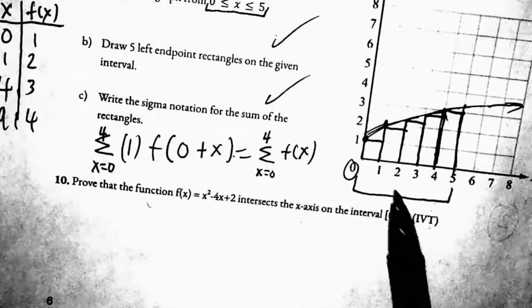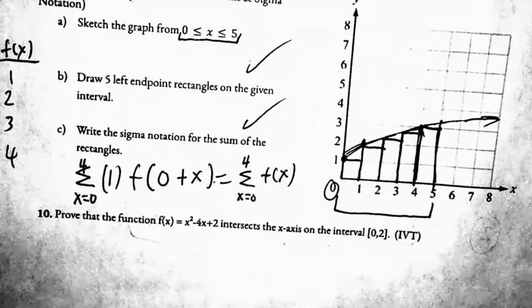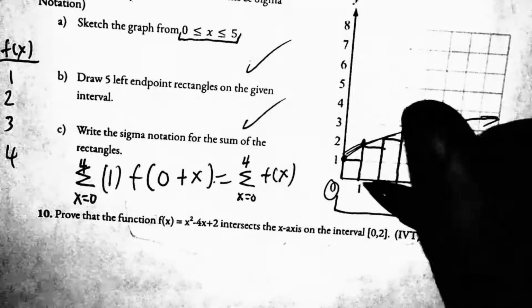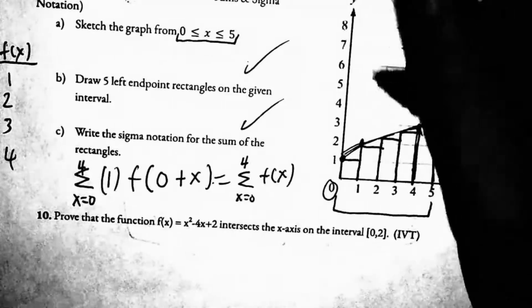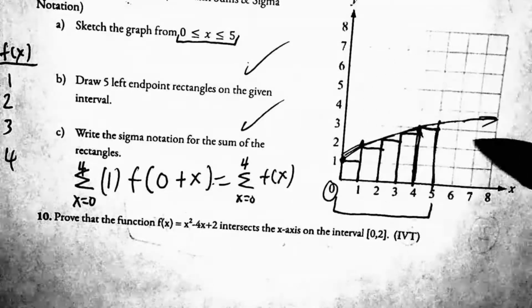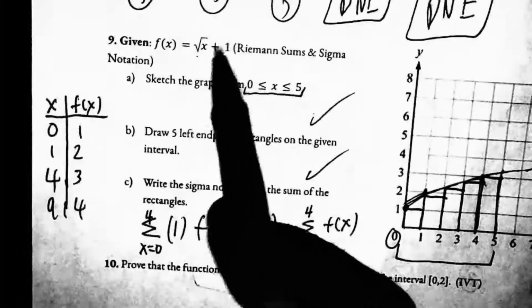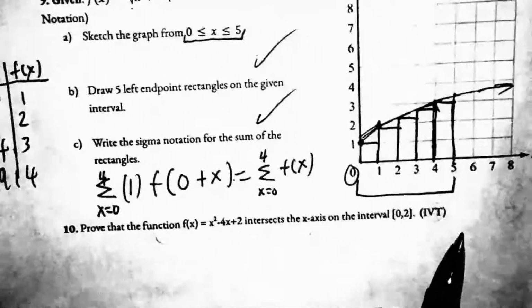And then if I asked you to find the areas of all of these, you would find f of 0 plus f of 1 plus f of 2 plus f of 3 plus f of 4, right? That would get you the areas of all these, and you plug them in to this and add them up, okay?